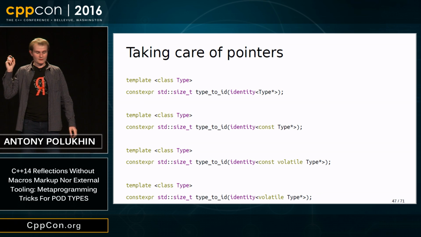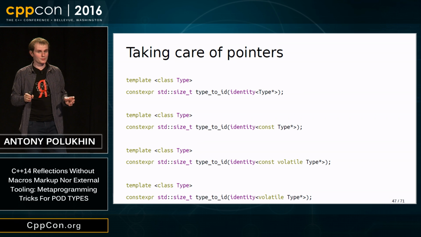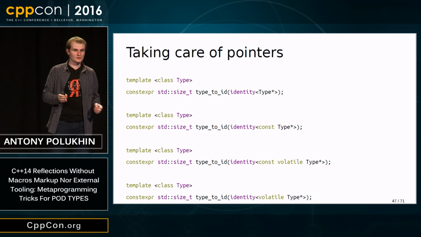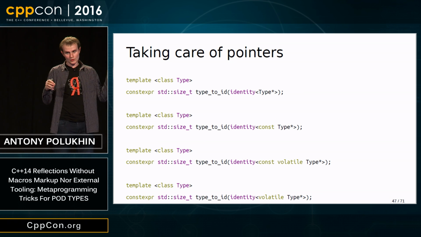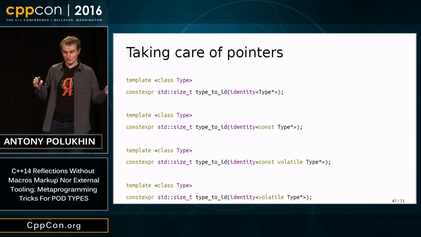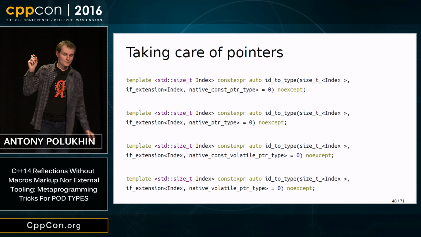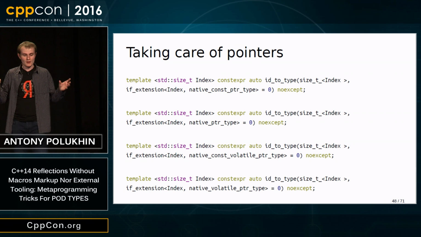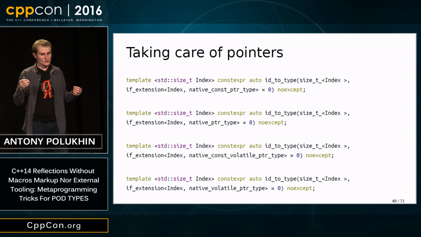Now, how to implement it? It's pretty simple. All we need to do is to add 4 type-to-ID functions that work with different pointer types. Inside, they add the knowledge about the pointer to the identifier. We will also need 4 ID-to-type functions that will be called depending on the identifier we're working with.